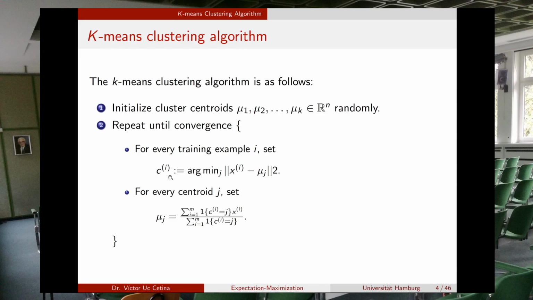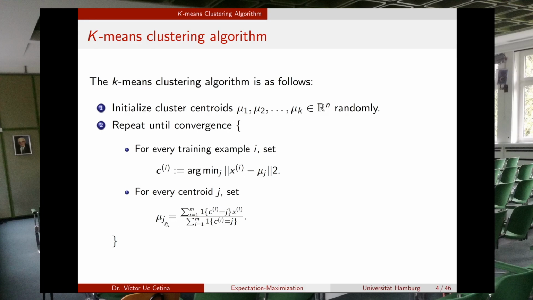And in the second step, once we have assigned a centroid or a mean to each of the points in our data set, we need to recompute these centroids, and we do that simply by computing the average of all of the points that were assigned to the same centroid j. So suppose that you are talking about 3 centroids in total, so k equals 3.